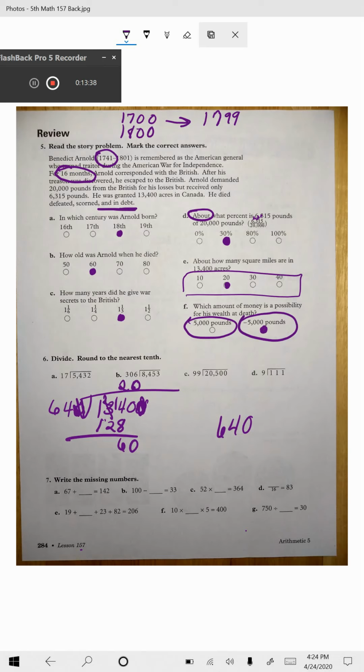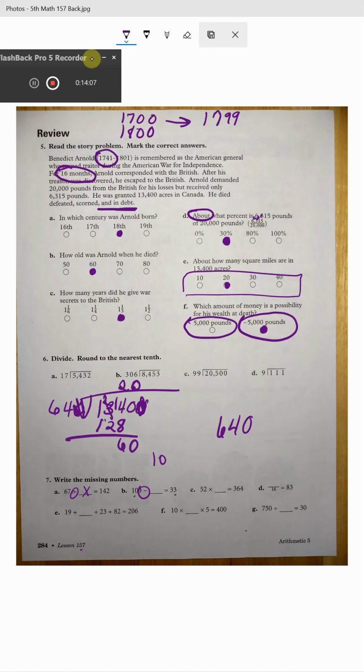All right. The rest of them I'm going to leave up to you. Remember, with the missing numbers down below, to figure them out, you just do the opposite. So if you're missing part of an addition problem, just do subtraction to figure out the missing number. It's almost like putting an X there and making an equation. Opposite of subtraction, do addition. Well, no, that one you can't. They don't have another one where you could do that. You would still subtract.